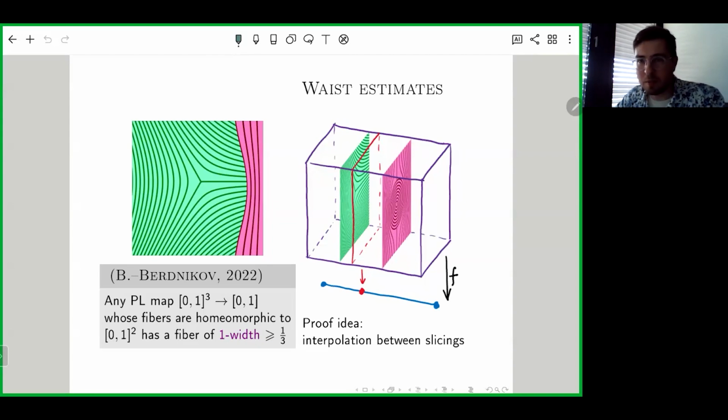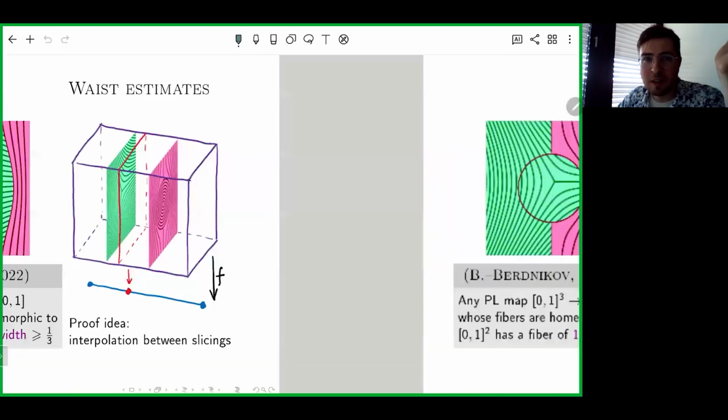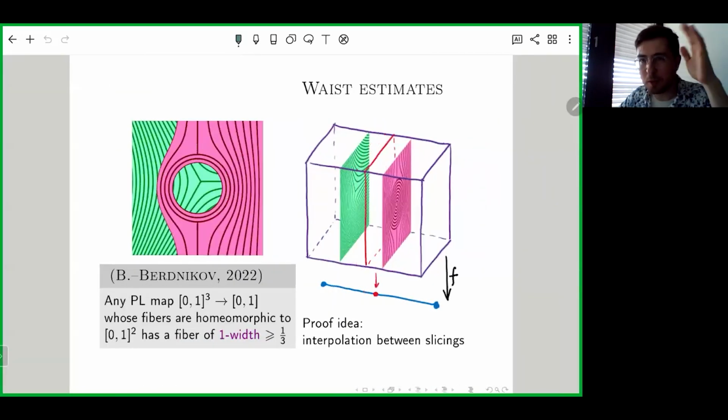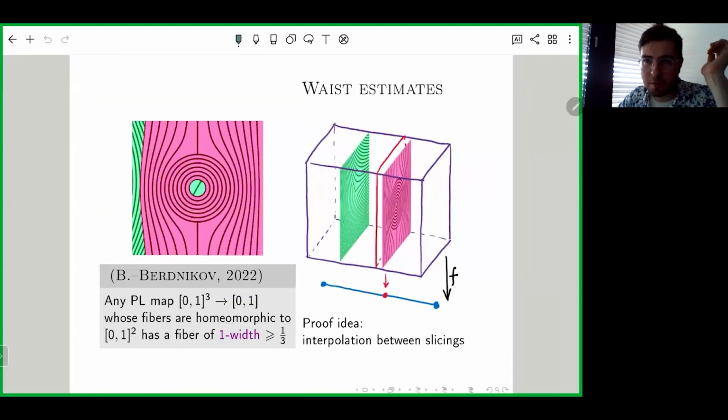This is how it looks after time 0.2. This is how it looks after time 0.4 or something like that. This is how it looks at time 0.6 or something. And eventually the red slicing just takes over and replaces everything.